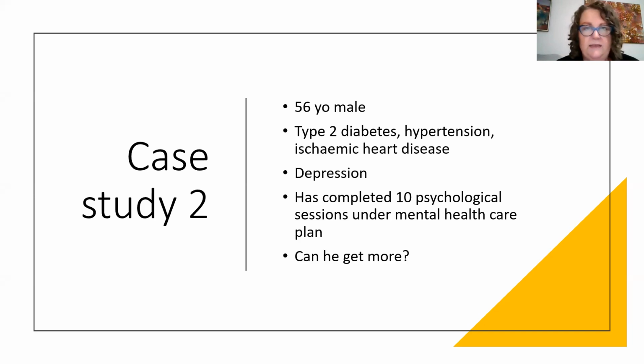So in my case, I wouldn't do that with the patient, because if I got audited, I don't think the Department of Human Services would think that I was meeting the intention of chronic disease management.